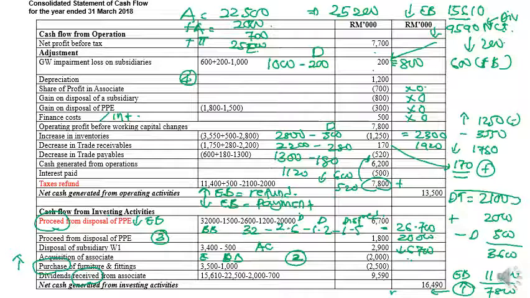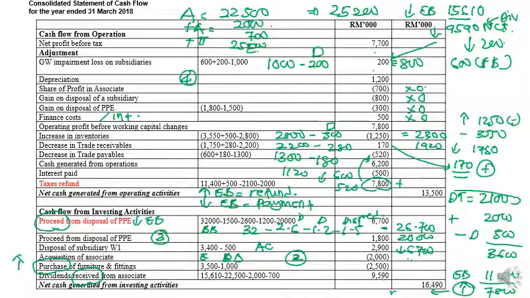You need to minus 200, which is the one that you dispose, so you're going to have a balance of 800. But now the ending balance here is 600. Means that there is a reduction by 200. So that 200 becomes your goodwill impairment. We need to add back 200 because this goodwill impairment is a non-cash item.